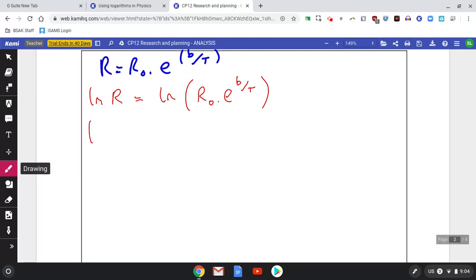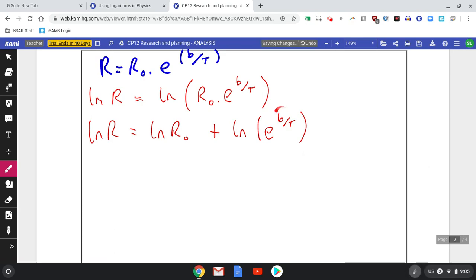Right, so natural log r is natural log r naught plus natural log e to the b over t. So this b over t, this is the power. This is the power that e has been raised to.